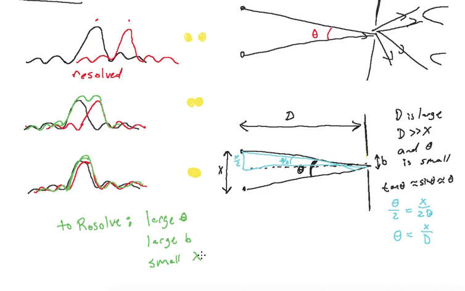The smaller the wavelength, the more you're going to be able to resolve them, especially compared to B. If they're off of each other, then they just kind of stay separated. You don't end up with as big of an interference pattern.